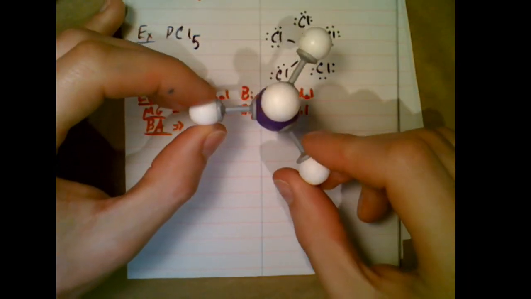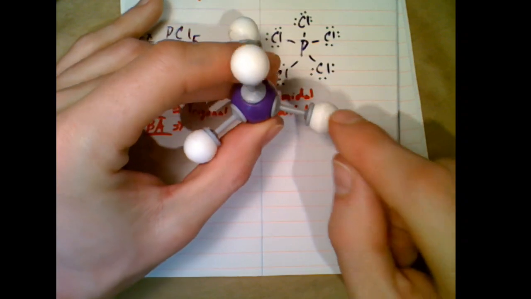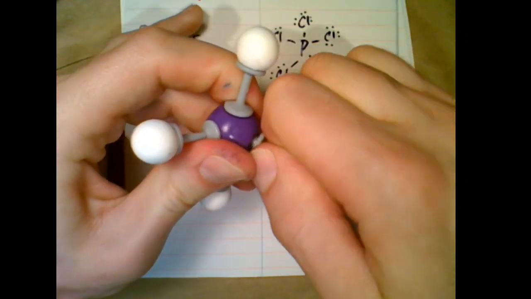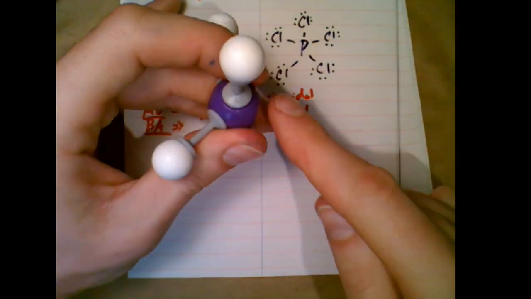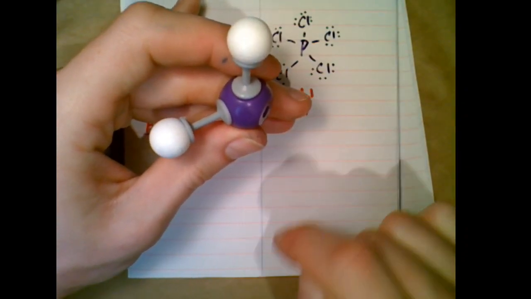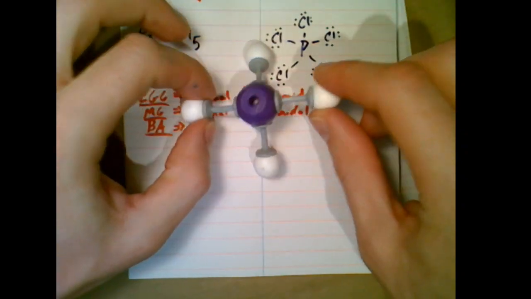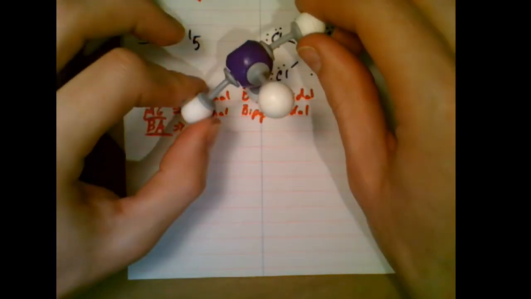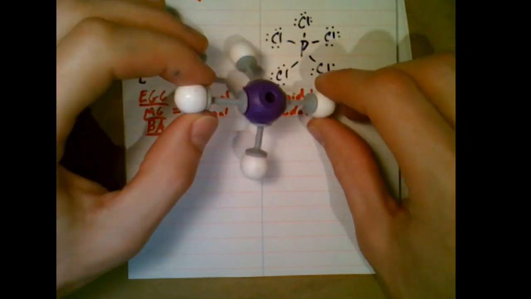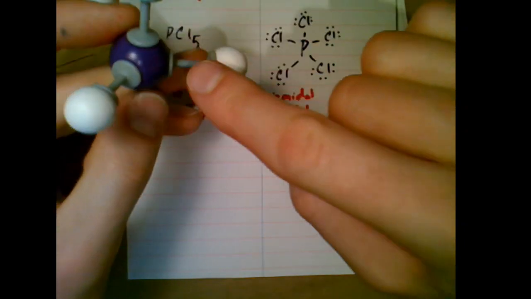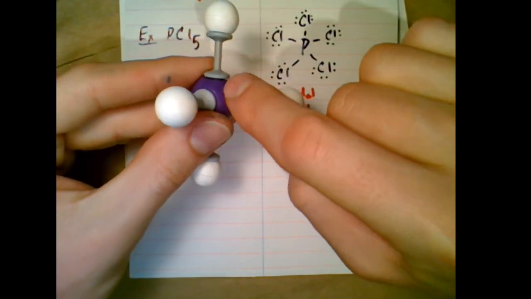And so basically what happens is one of these atoms that's in that trigonal planar part in the center gets popped off and gets replaced by a lone pair, and you literally get something that looks like a little seesaw. You can actually rock it back and forth. Pretty crazy, hey?